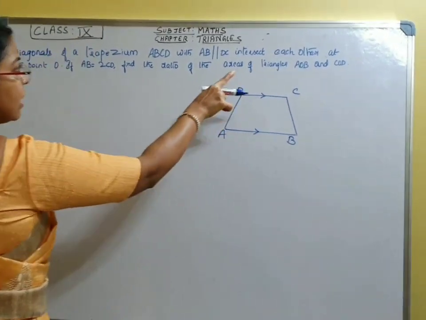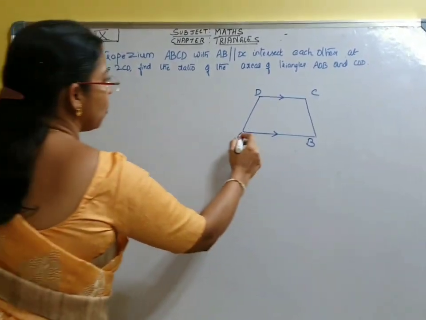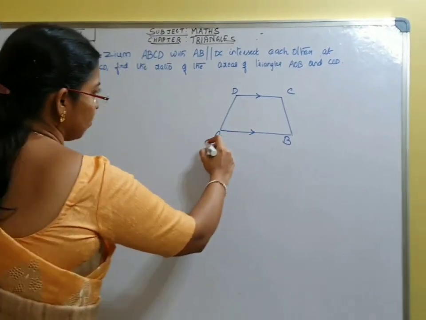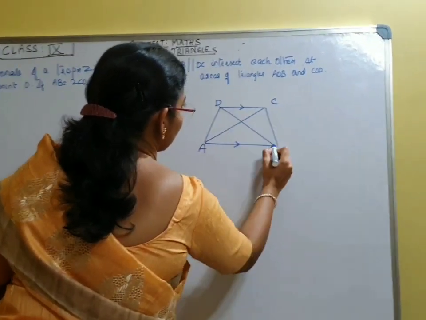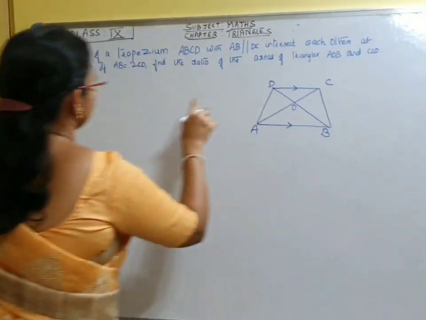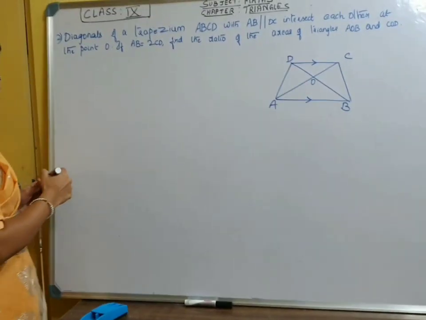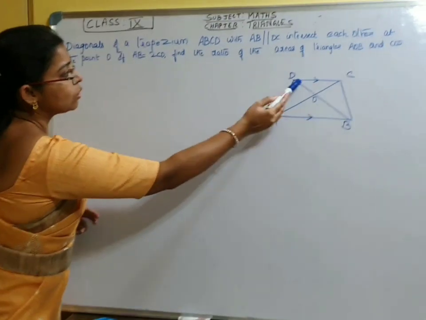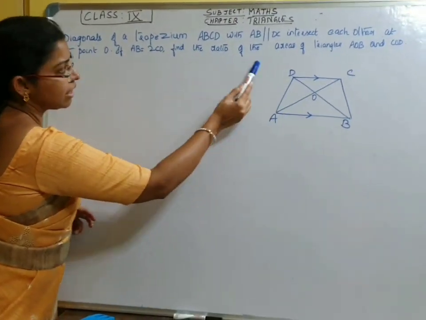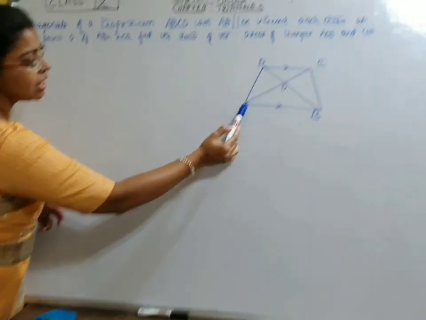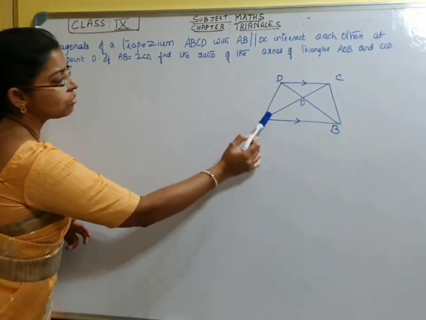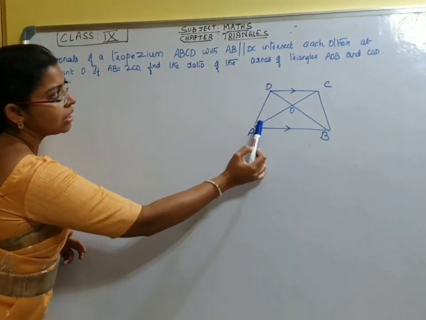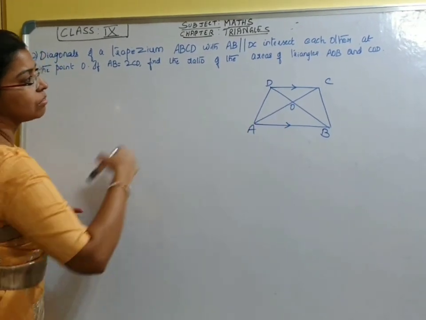The diagonals intersect each other at point O. If AB is equal to 2 times CD, find the ratio of the areas of triangles. There are 2 triangles formed here. We need to find the ratio of the areas AOB and COD.